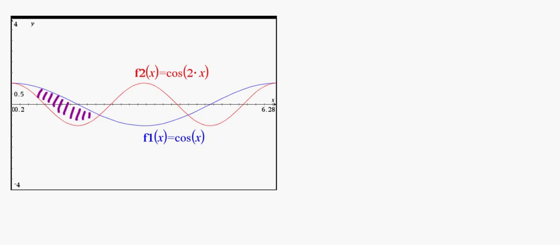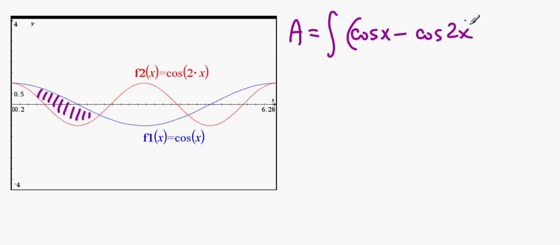Now, you and I are both positive that when we find this area, it's going to be an integral of the function that's on top minus the function that's on bottom, from probably 0 to somewhere. So somewhere out there, I've got to figure out where the question mark is.